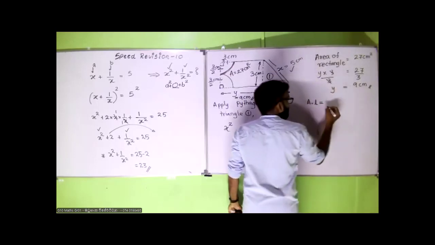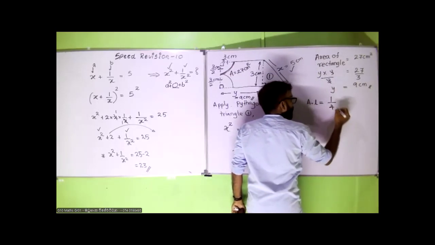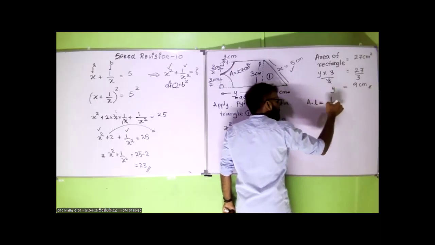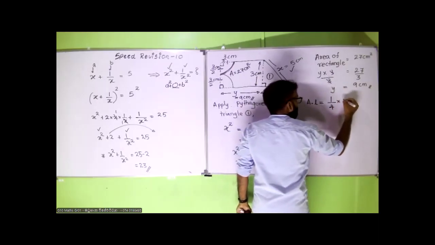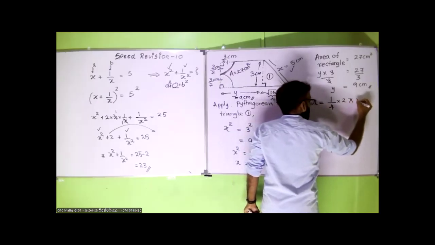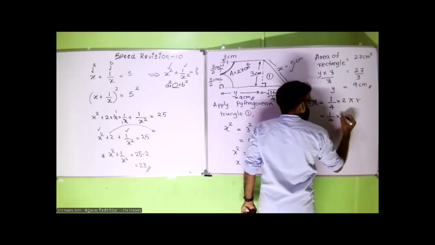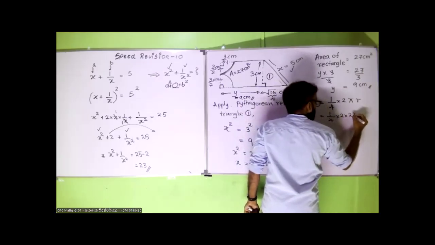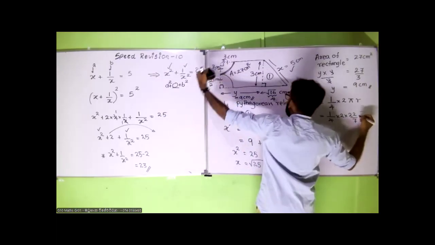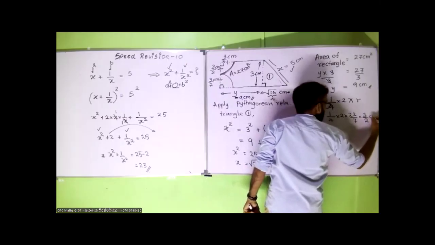So you are going to find the portion. That is 1 upon 4 of a total circle multiplied by 2 pi r. Right? So 1 upon 4 multiplied by 2 times 22 upon 7 multiplied by r, which is 3 upon 2 centimeters.